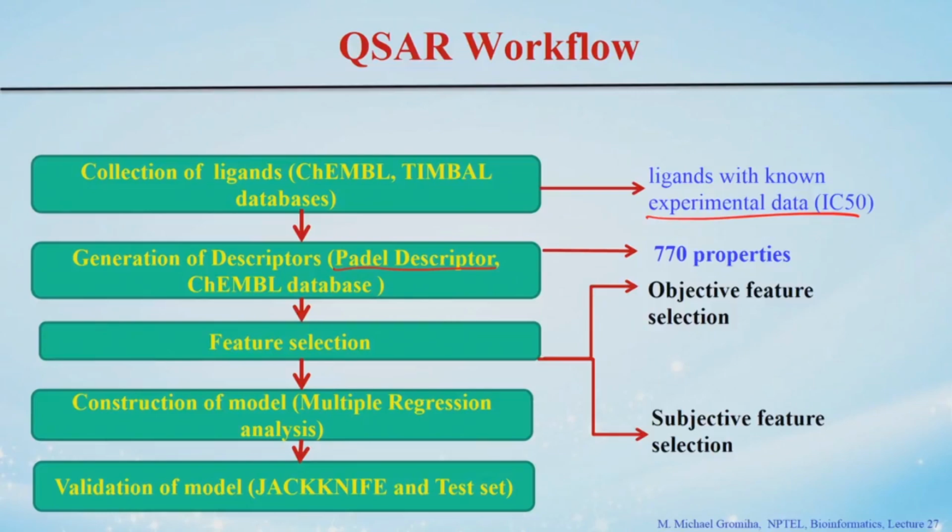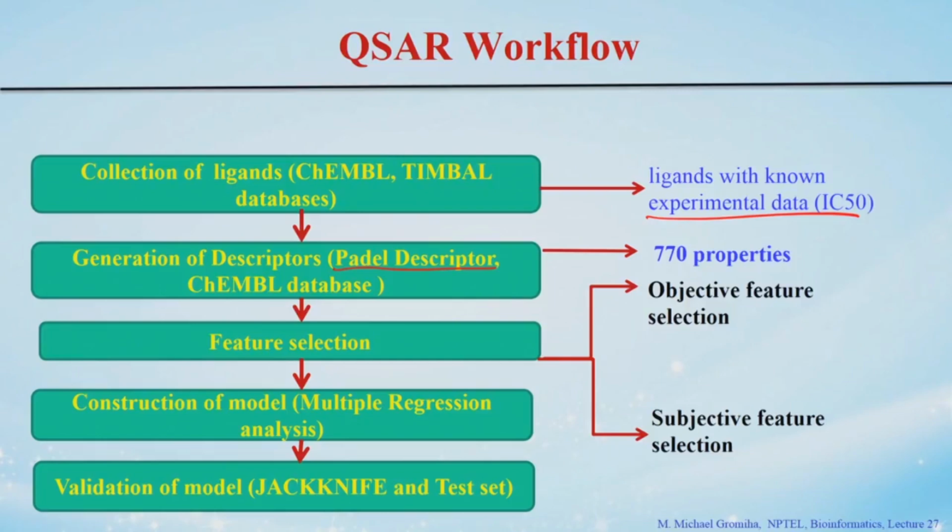In this case, you have to use a feature selection method, either objective feature selection or the subjective feature selection. In the objective one, we can see there are several properties which are closely related to each other. In this case, you can use the correlation coefficient approach to discard the properties if they have a high correlation, for example, say 0.9 or more than that, right.